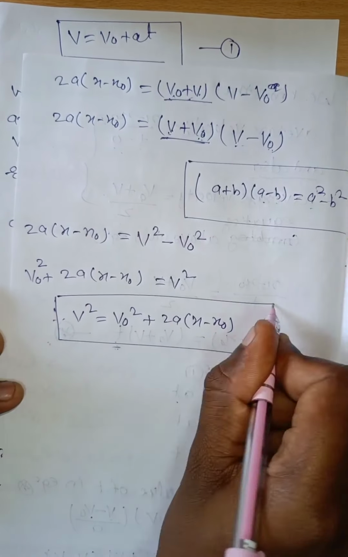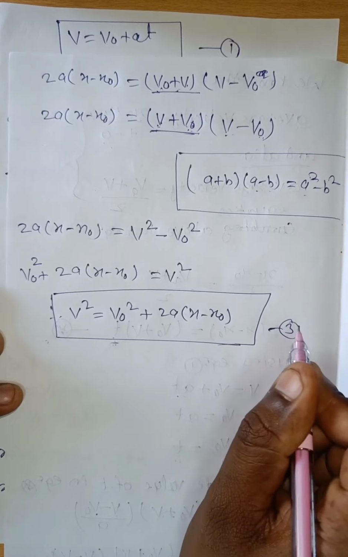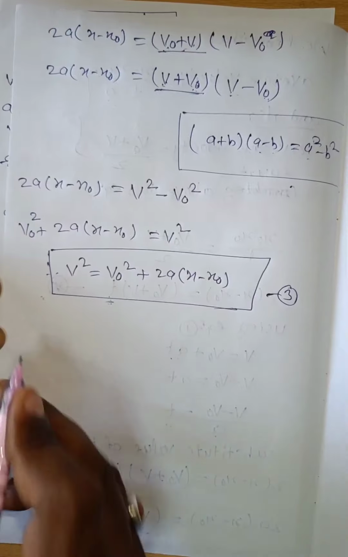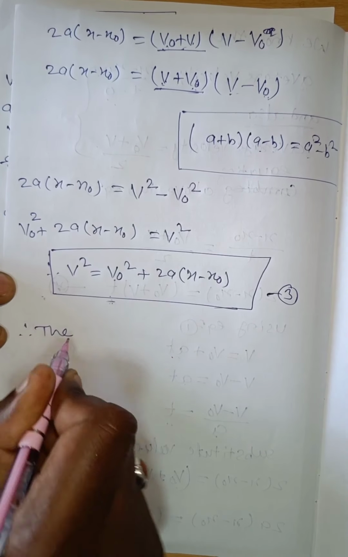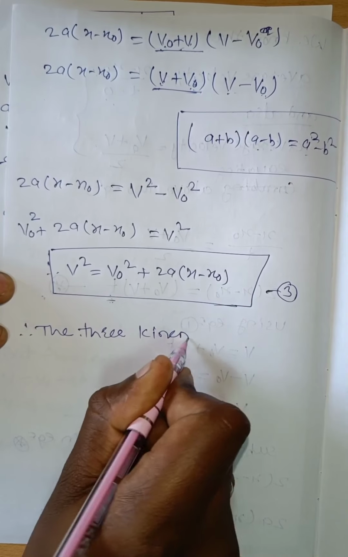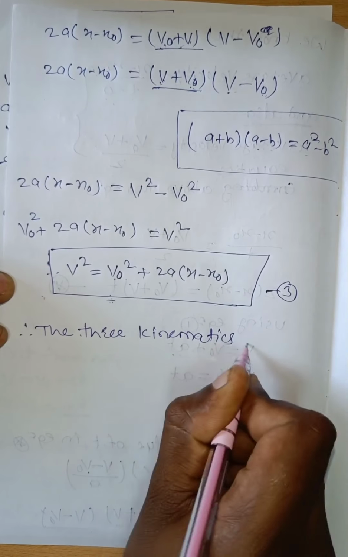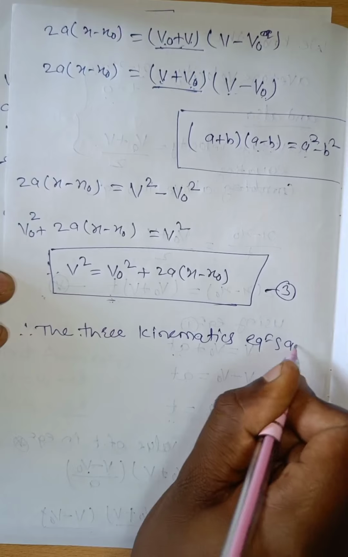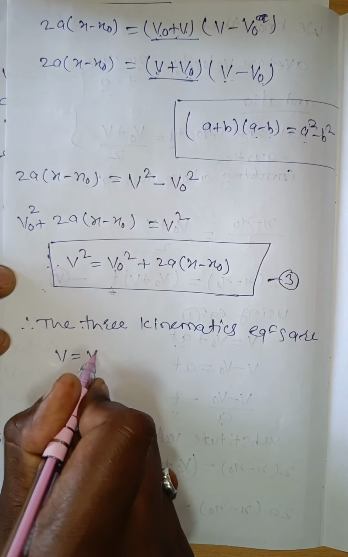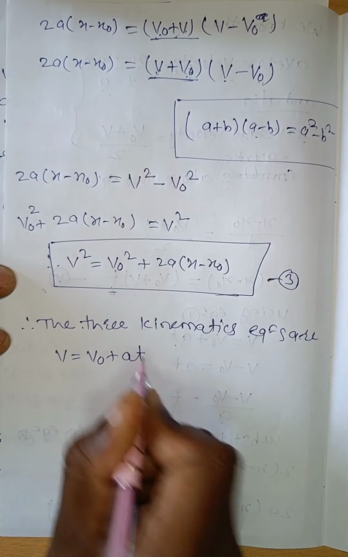Now this is the third kinematic equation, or the third equation of motion for uniform acceleration. Therefore the three kinematic equations are: first, v is equal to v naught plus at.